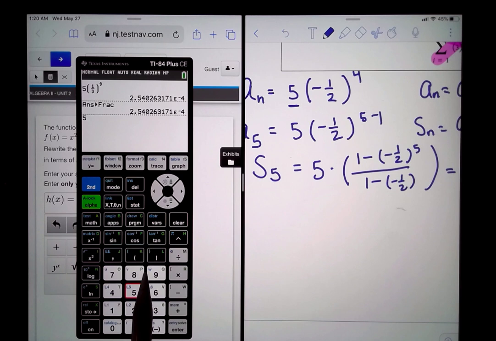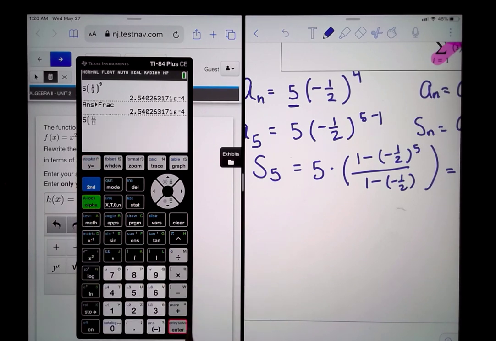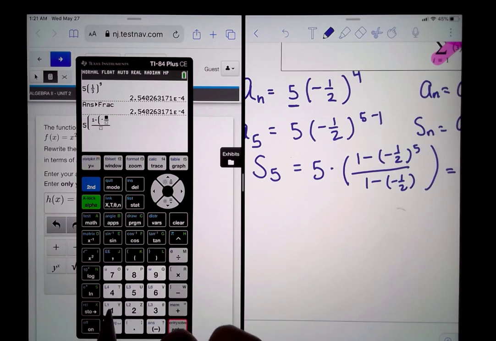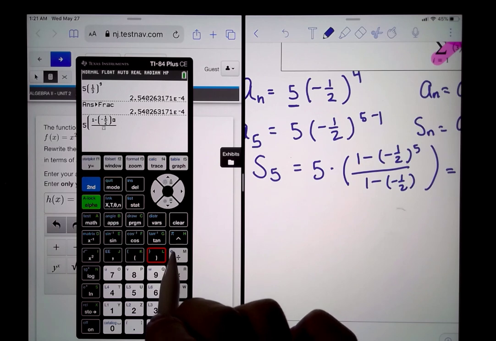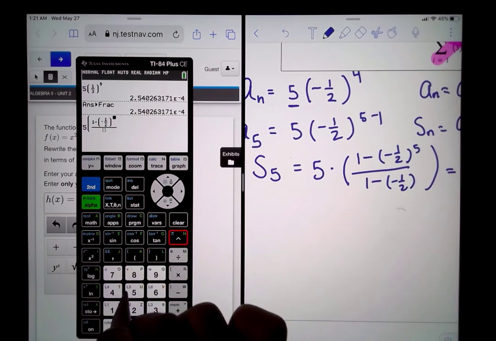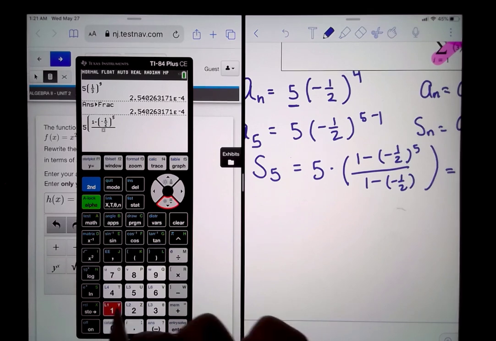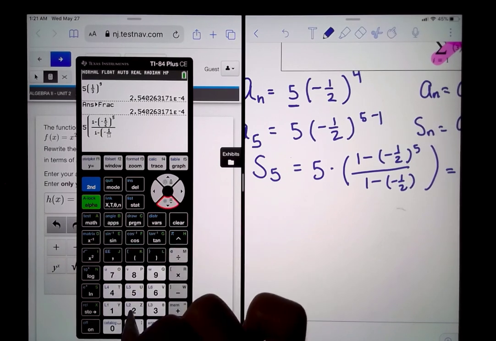So 5, parentheses, fraction, and on the top 1 minus parentheses negative half, power of 5, and 1 minus negative half.